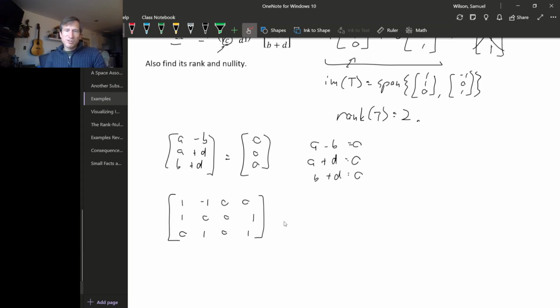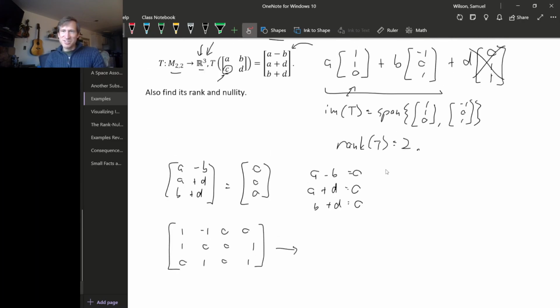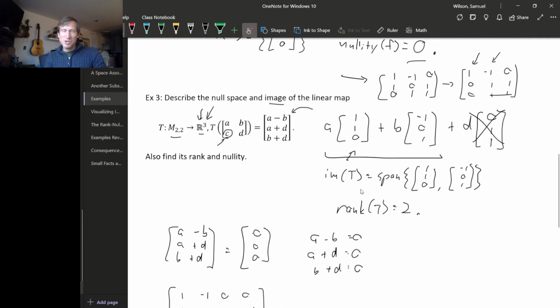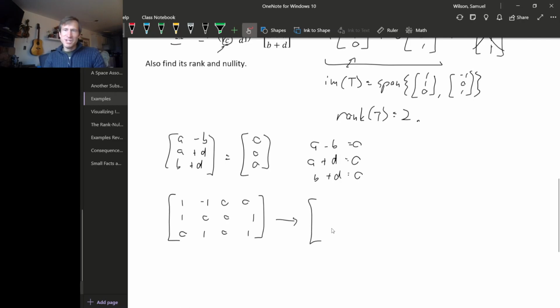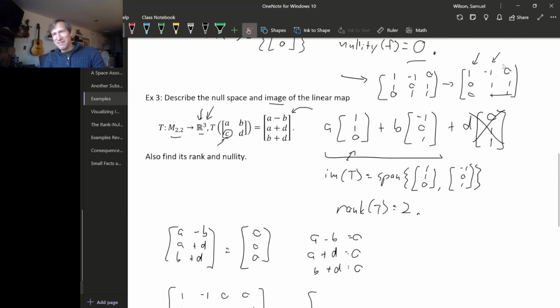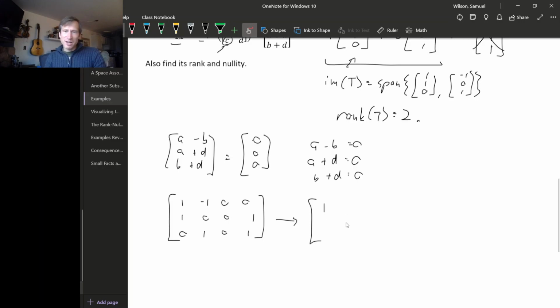If you look at the first, second, and fourth columns, this is essentially the same as what we did up here. So we already know what this row reduces to. It row reduces to the same thing, except we're going to have this extra column of zeros. So we get a 1, a column of zeros, and then 0, 1, 0, and all of these entries are also 0.